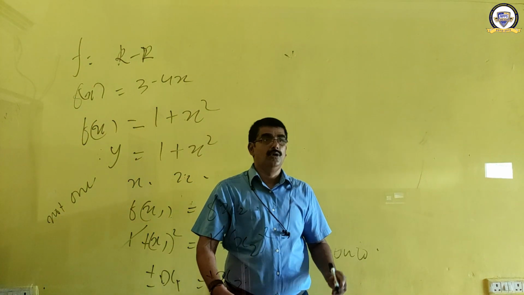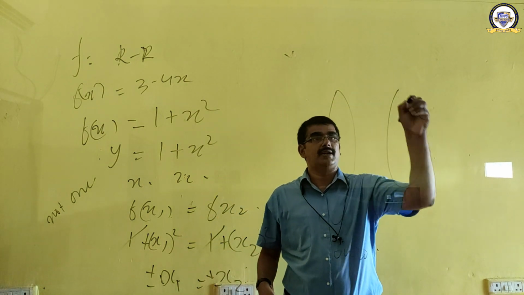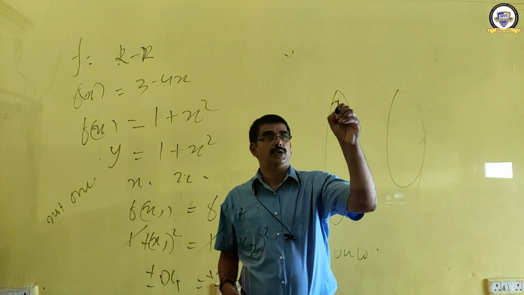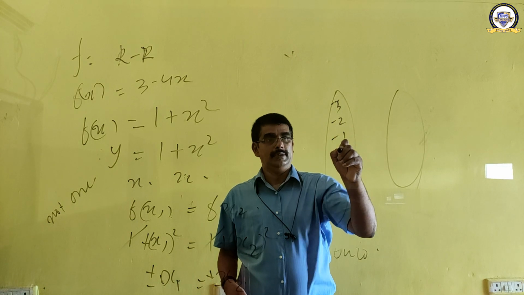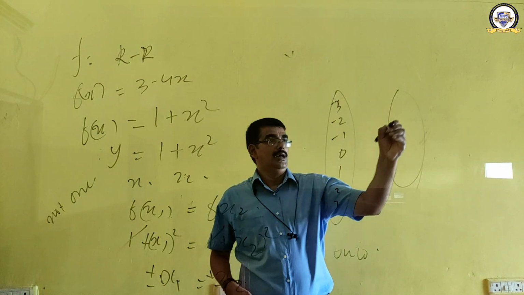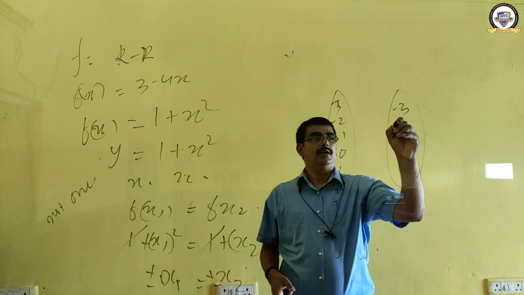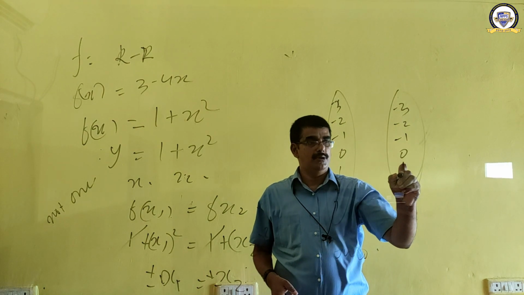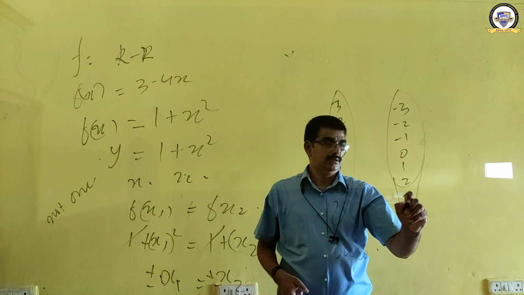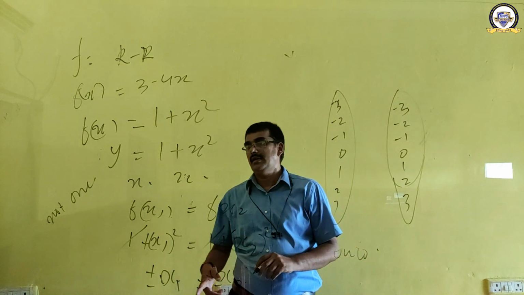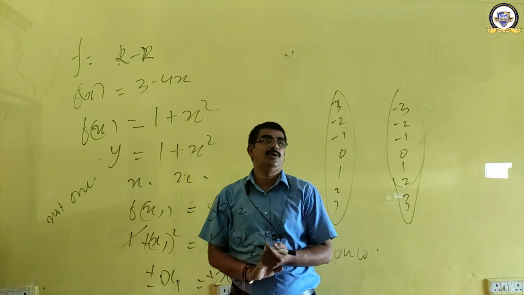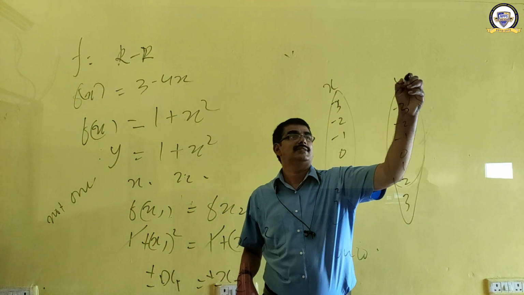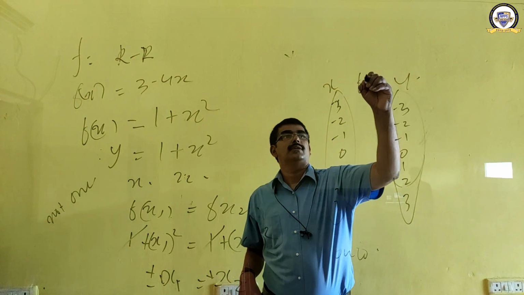And onto also you can consider like this: negative 3, negative 2, negative 1, 0, 1, 2, and 3 like this. Here y is equal to 1 plus x square.